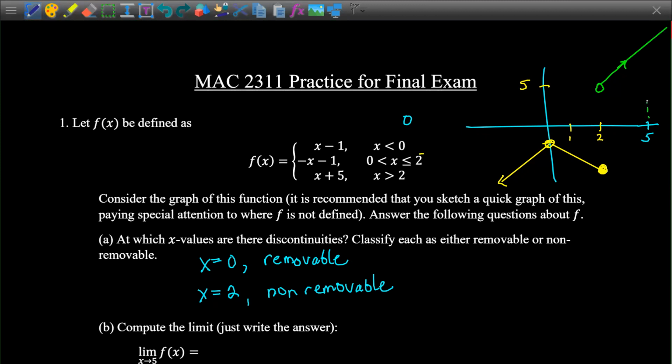At 5, it will be defined with no problem. So f of 5 is just some number. And so for x equal 5, we're talking about this third piece.